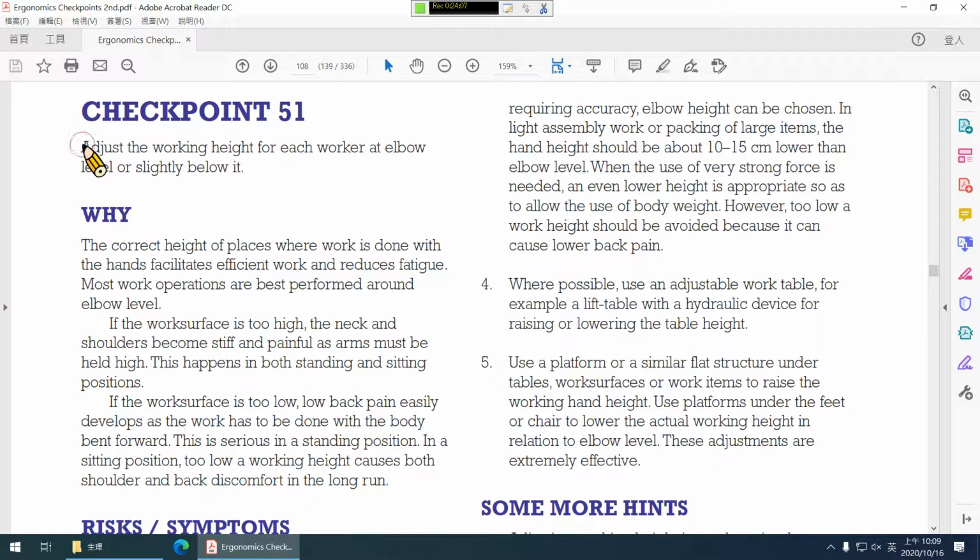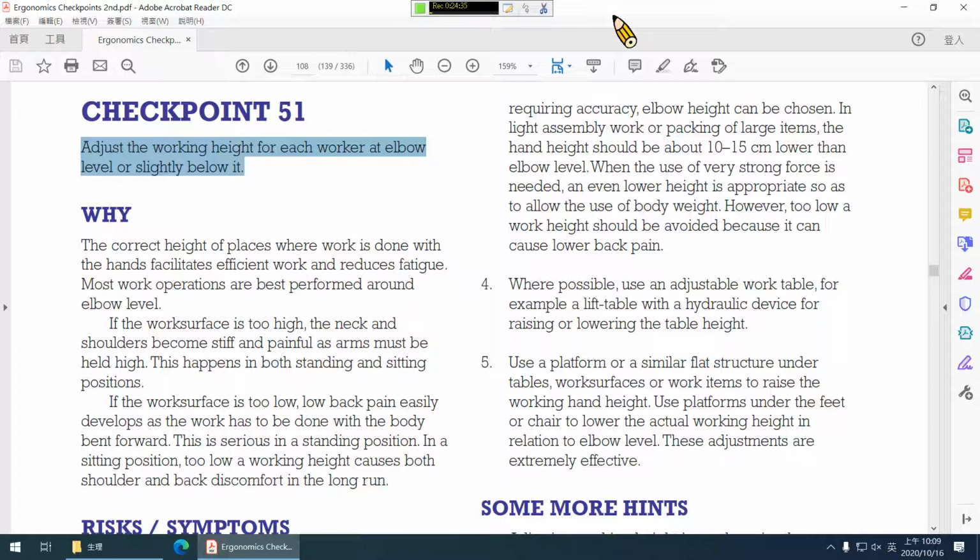Checkpoint 51: adjust the working height for each worker at elbow level and slightly below it. Why? The first question is why at elbow height, elbow level.